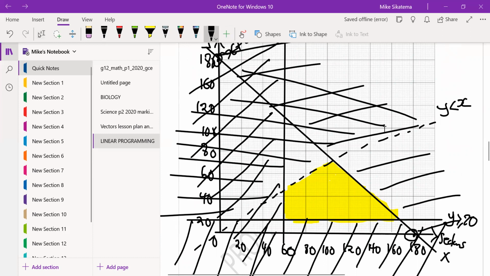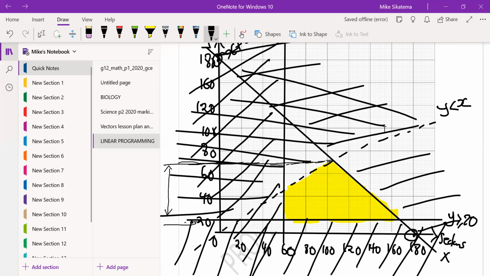So the highest peak here is the maximum number of vans that he should order. So we have to find the length from the highest to the lowest point.